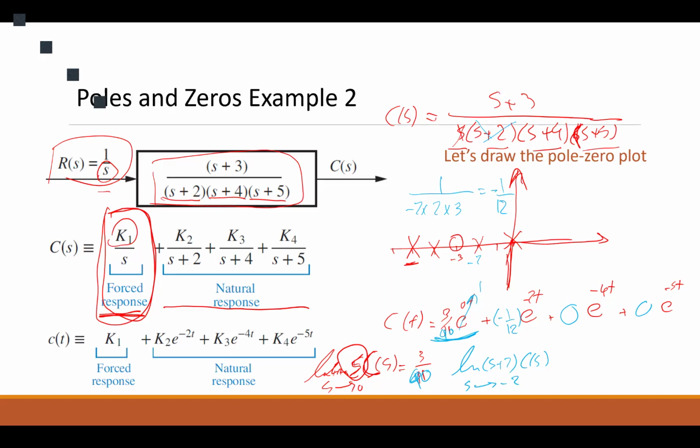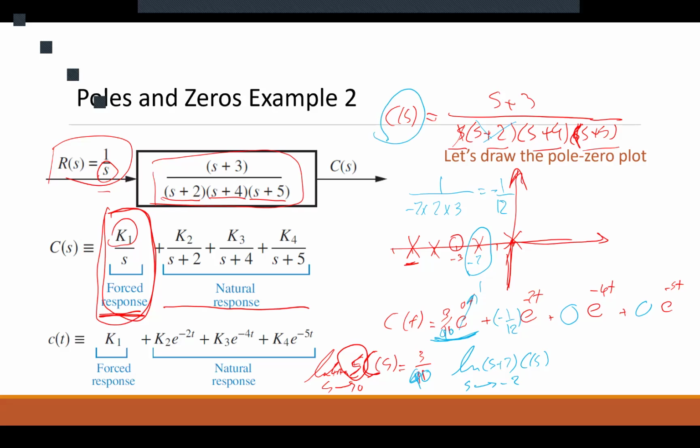The second term? Yeah. We want to find the coefficient related to the pole at minus 2. So we multiply C of S by the denominator term responsible for that pole.